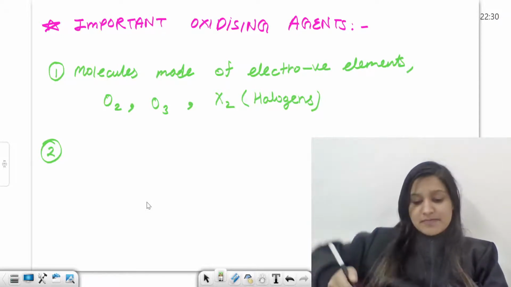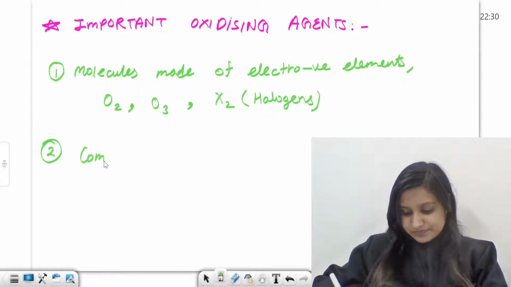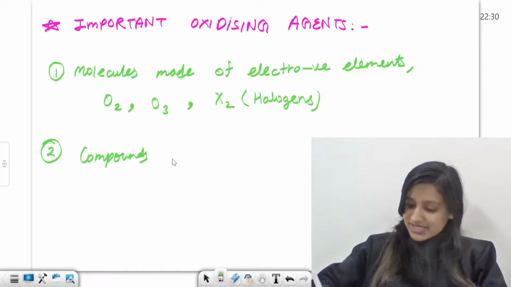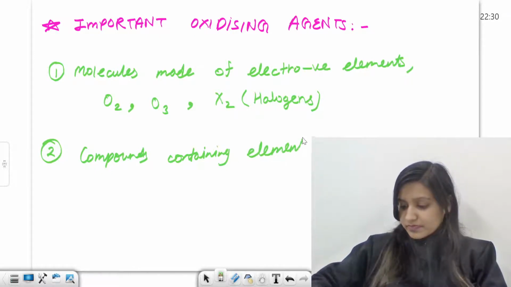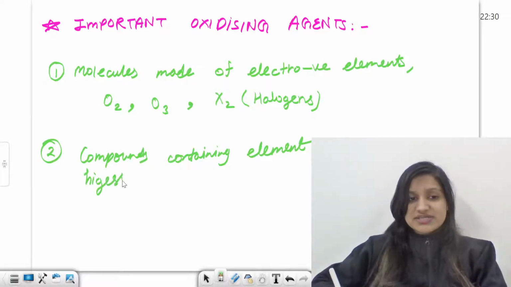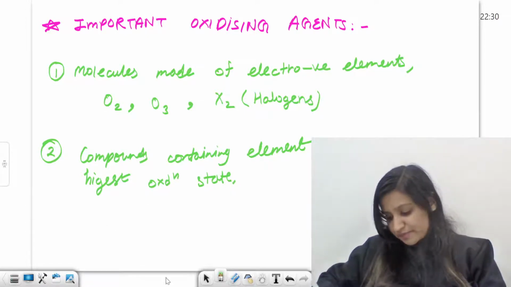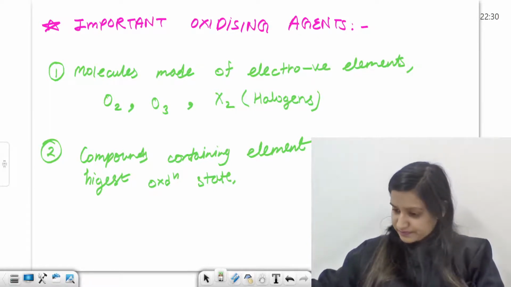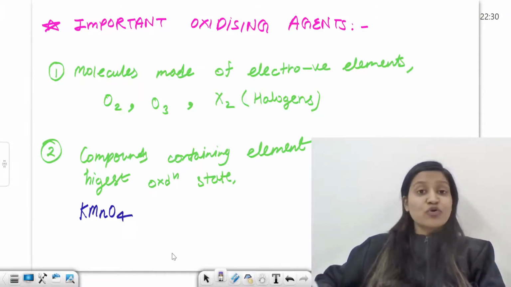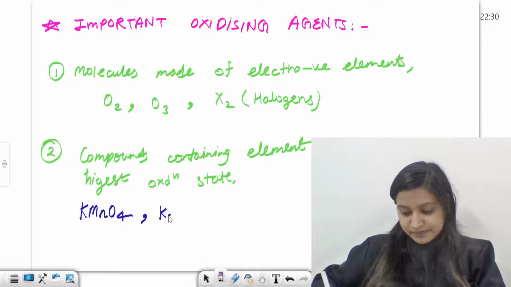So let's write: compounds containing element in highest oxidation state. For example, you can write KMnO4, K2Cr2O7.